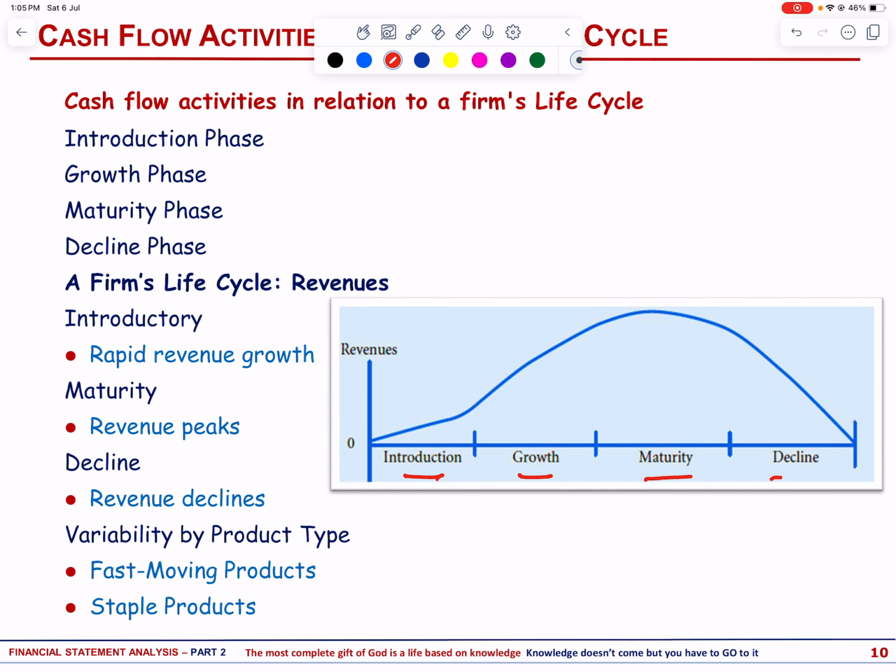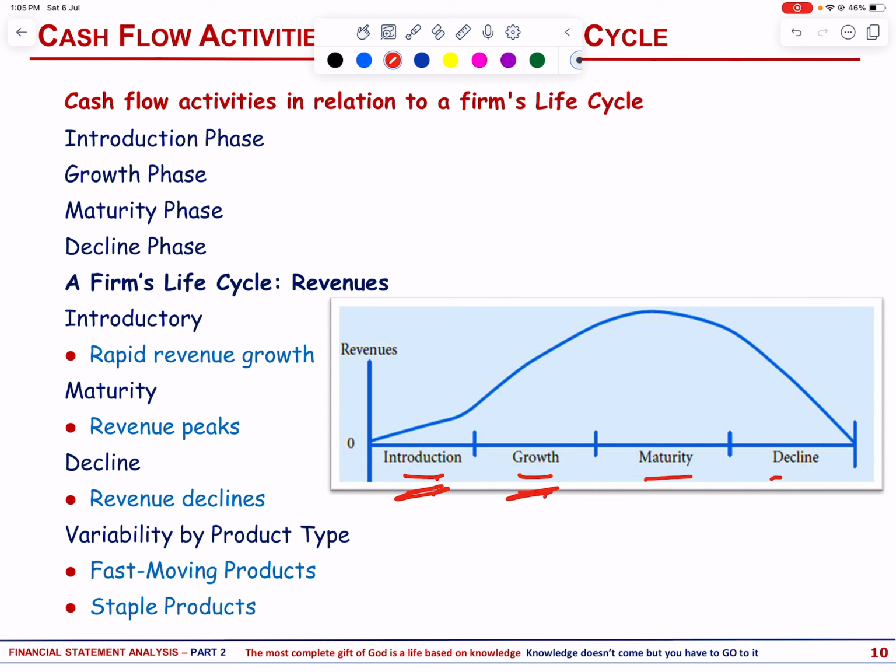Now here is a simplified breakdown. You can see we have the introduction phase, and during this phase the firm invests heavily in research, development, and market strategy and market entry. Cash outflows are high as investments are made in new products or services.